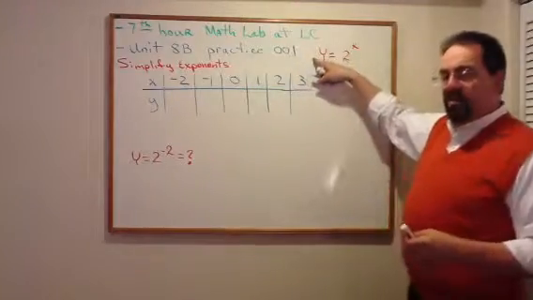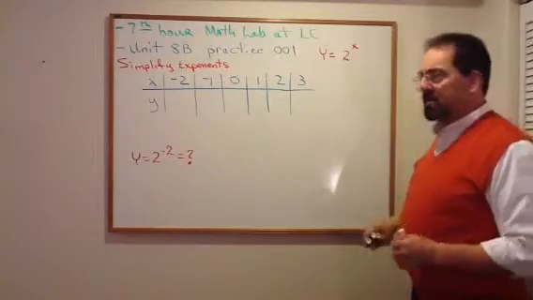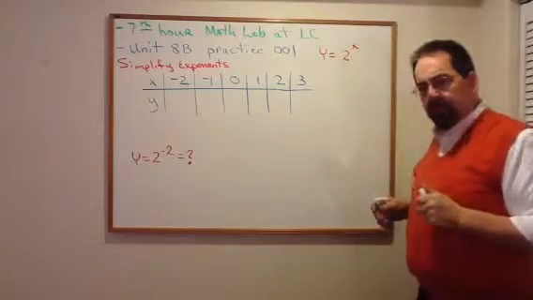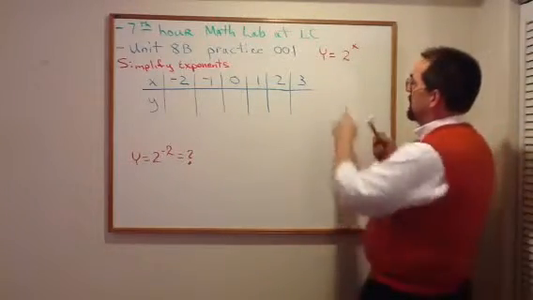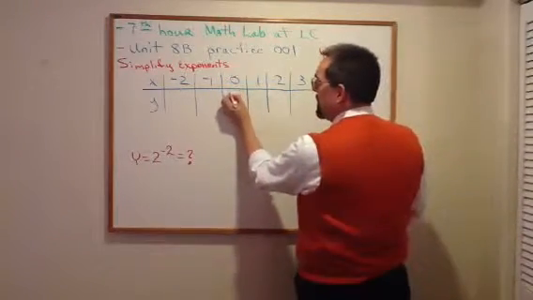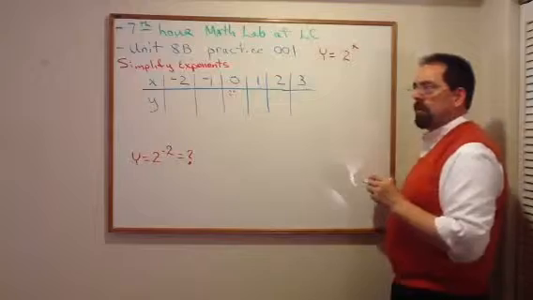If we're given the function y equals 2 to the x, we know it's a growth, we know we can use our calculator, but let's think about it in our head. 2 to the x, let's start with the 0. 2 to the 0.